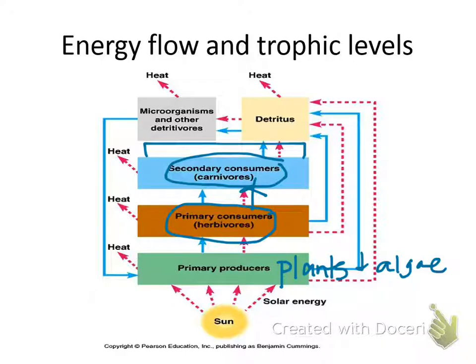So when you eat some lettuce, you're only getting 10% of the lettuce's energy. The other 90%, the lettuce used or it was lost as heat. So the lettuce used energy to reproduce and grow, so you only got 10%. So the 10% rule is saying that you only get a certain amount of energy.